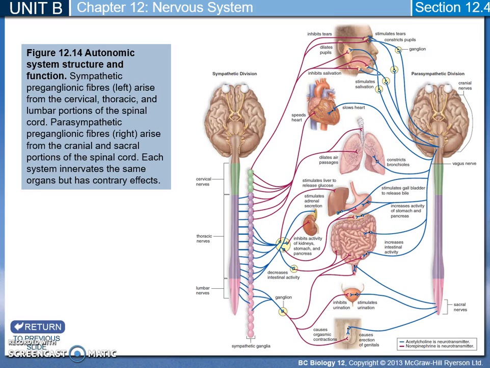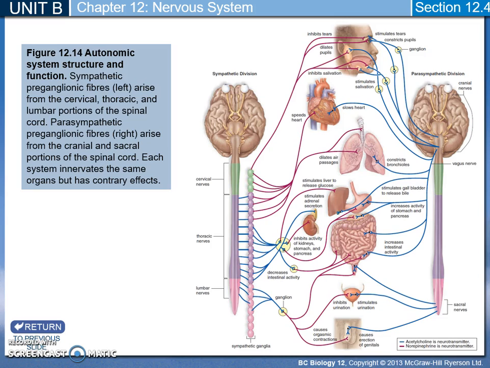So again, here's the diagram of the autonomic system. We have the sympathetic and the parasympathetic systems, which each make connections with all of the different organs and systems of the body.